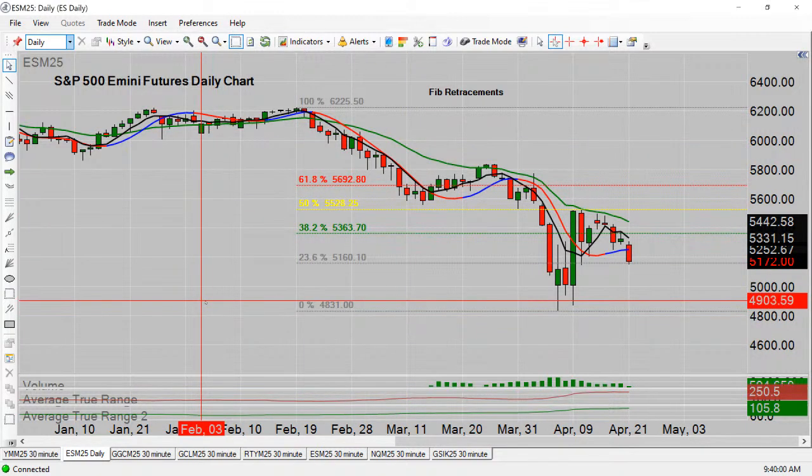The daily chart is important no matter what you trade, stocks, futures, crypto, Forex, ETFs, because the institutional traders, the deep pockets that move price, look at daily, weekly, and monthly charts the way you and I look at 30-minute charts, 5-minute charts, tick charts, and range charts. It has everything to do with account size.